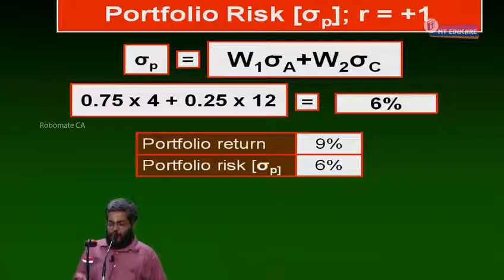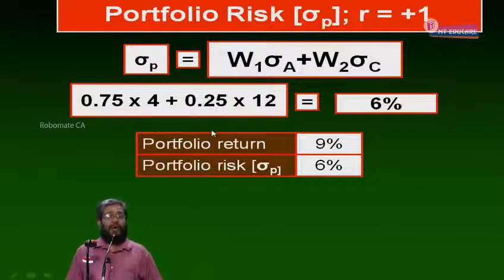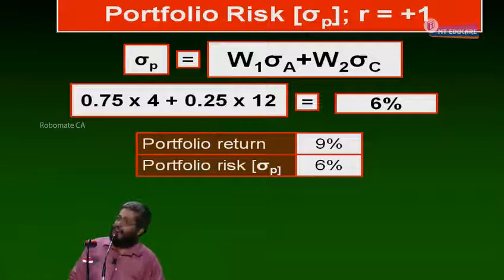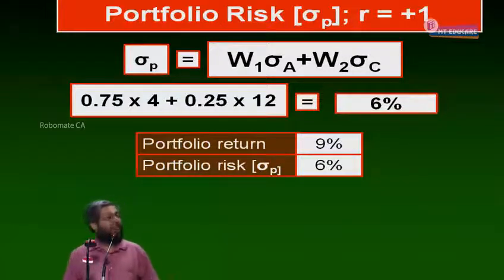Look at the workbook and tell me. E gives, for the same 5% risk, 9% return. This portfolio is inefficient compared to E, because E gives the same return for a lower risk. So this portfolio is inefficient.